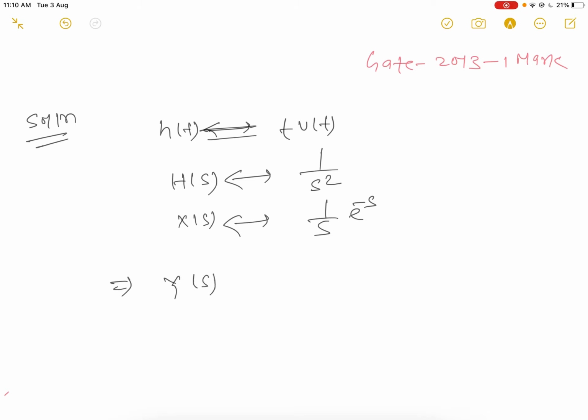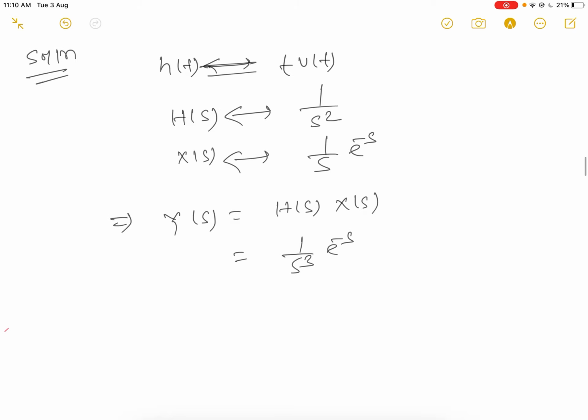Now take the response. Y(s) will be H(s) into X(s). Then we get 1 upon s cube e to the minus s. When we have s to the power minus 3, that is 1 upon s cube, the inverse is t square upon 2 in unit step.